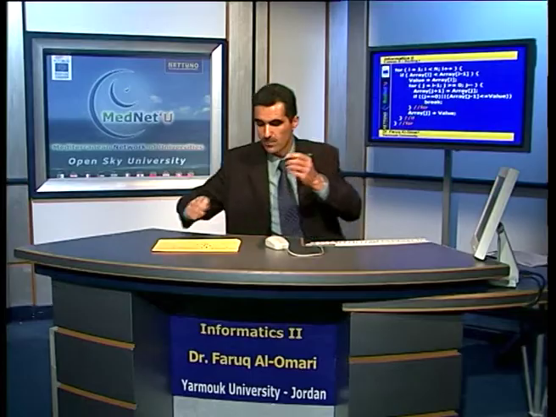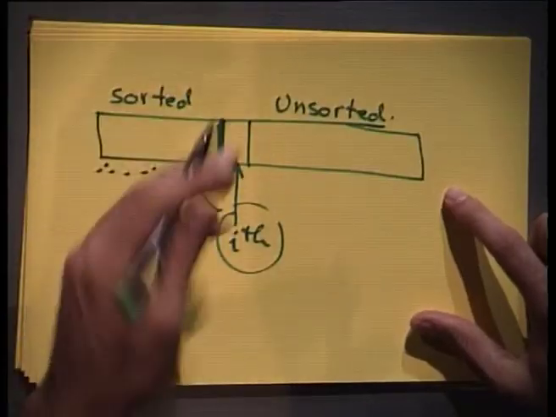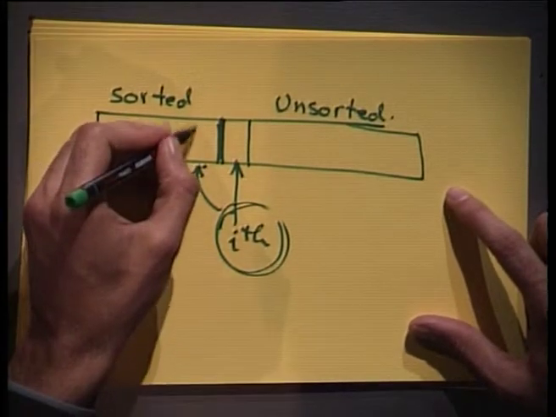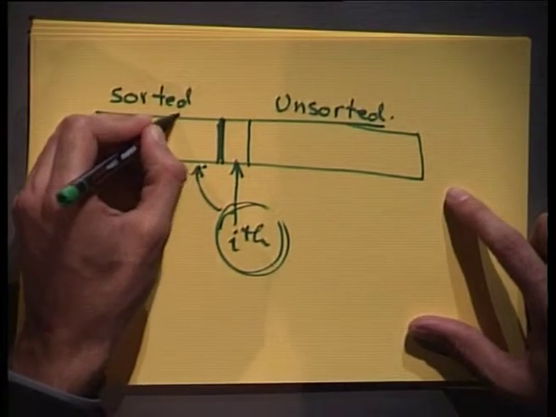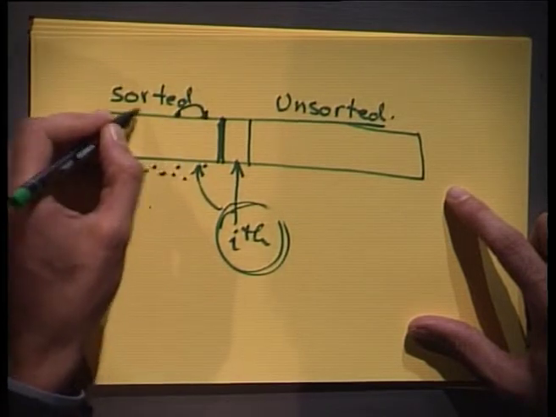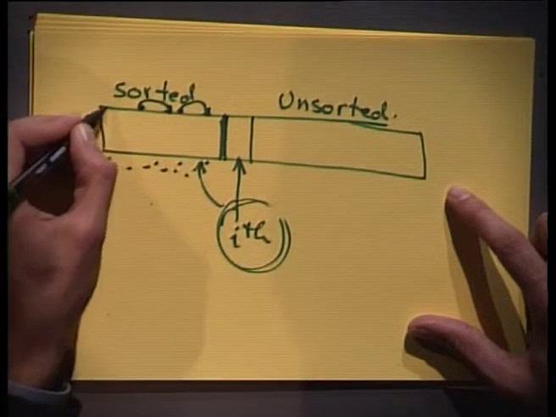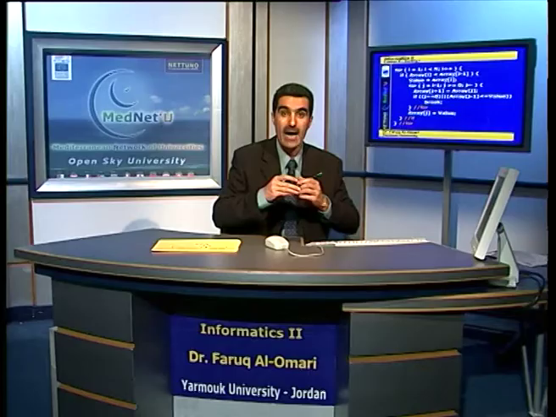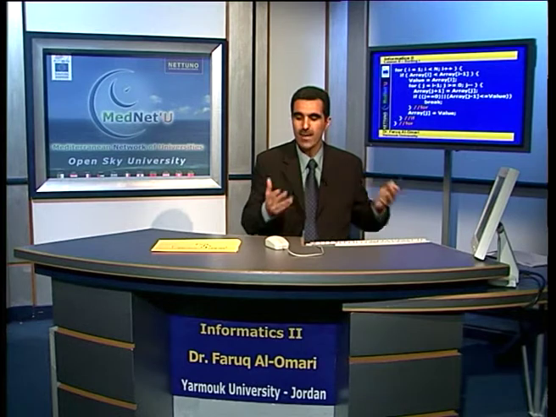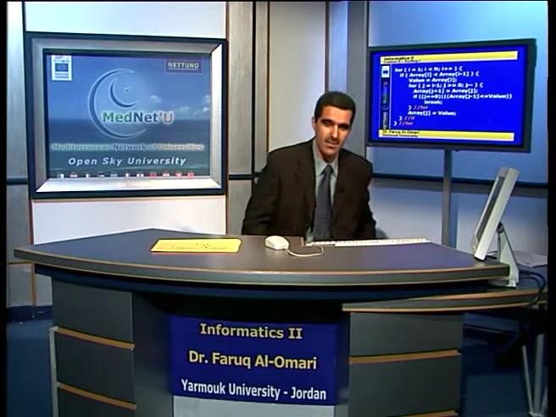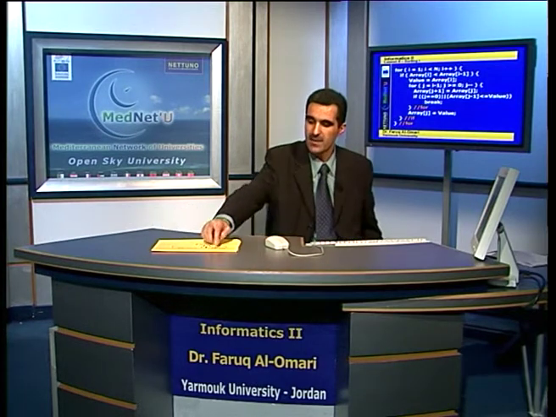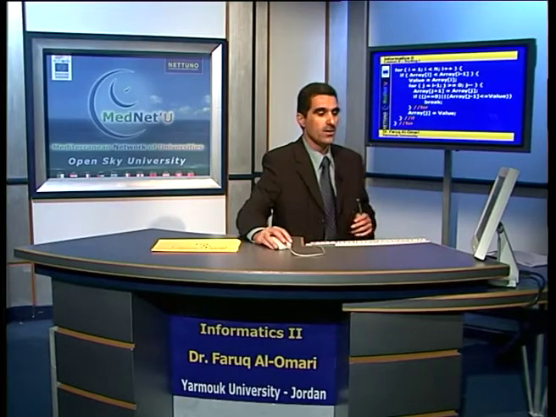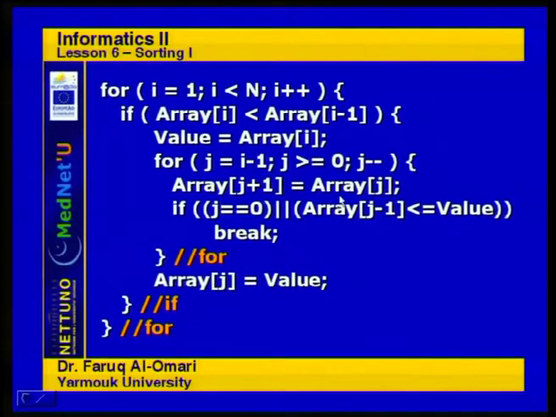So basically what I'm doing in here is if this element comes to be smaller, then I need to move this one to here, this one to here, this one to here, okay? As long as the ith element comes to be smaller than these elements we're talking about in here. So I'm pushing to the right, if you like, okay?